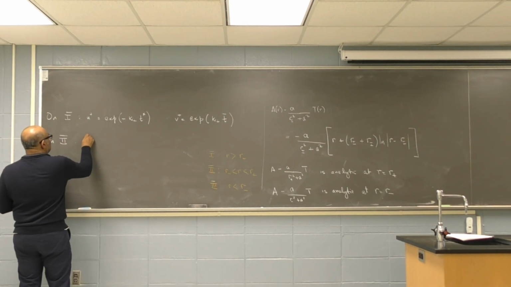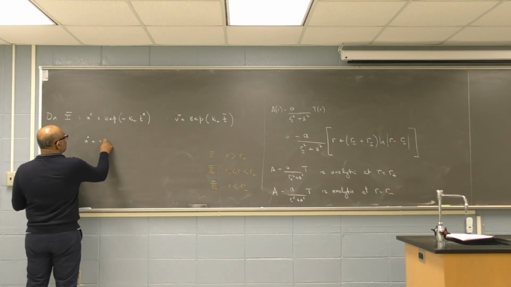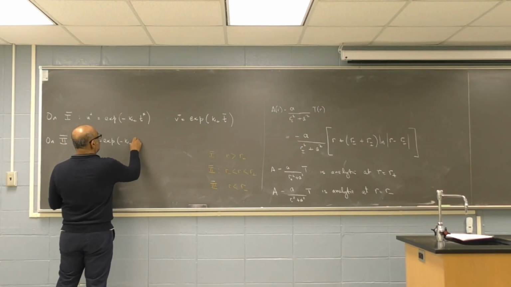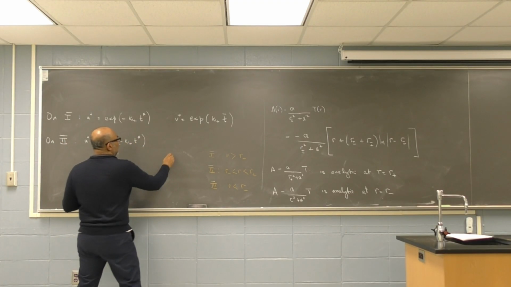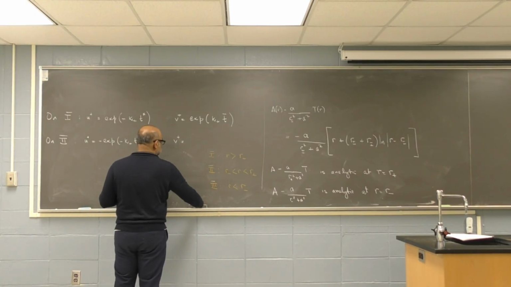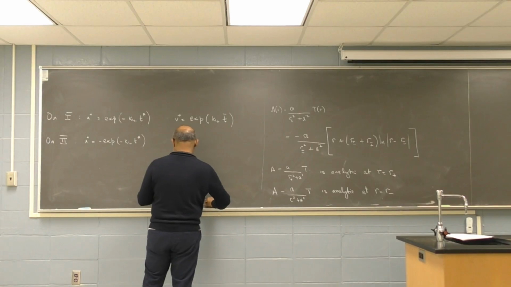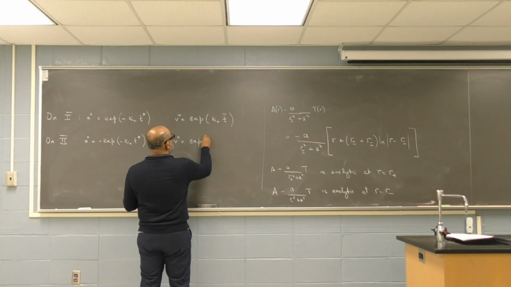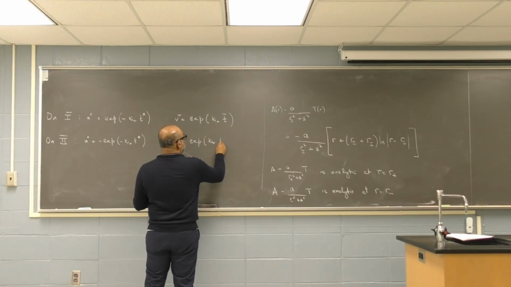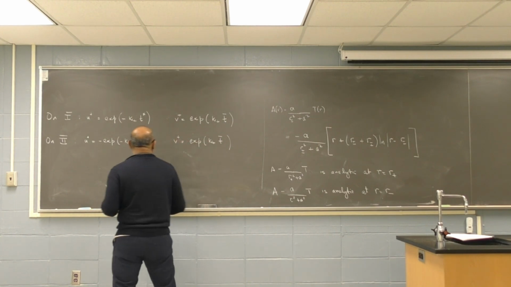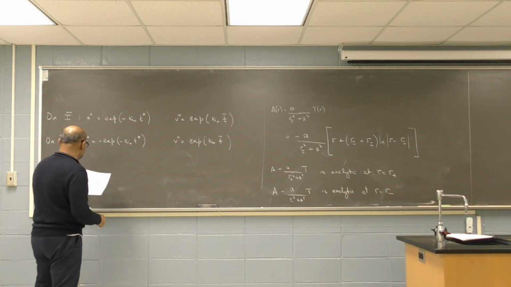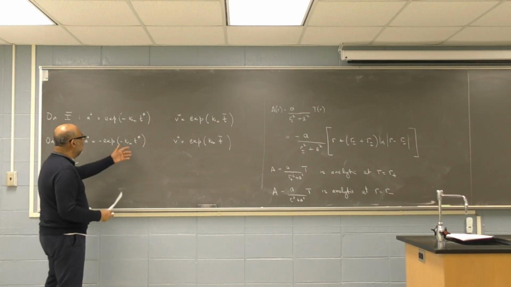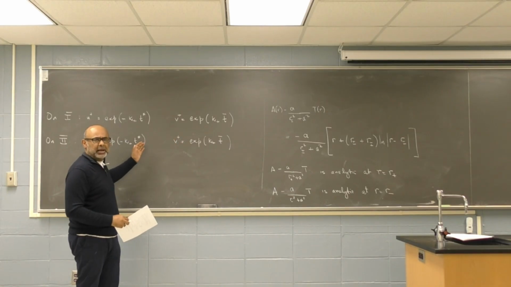Over here, u plus is minus exp of minus kappa plus t star, and another function v plus equal to exp of kappa plus t bar. You already know the bar coordinate system. I have to talk about the star coordinate system, but that's only two coordinates. These two you will soon see will replace t and r.